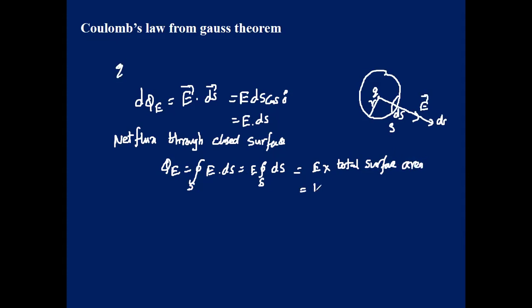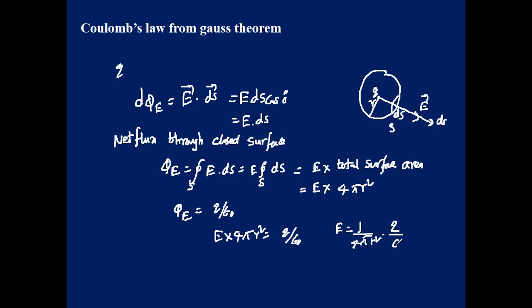So that is equal to E into the total surface area, 4 pi r square. So as you know, according to Gauss theorem, phi E is equal to Q by epsilon naught. So E into 4 pi r square is equal to Q by epsilon naught. Hence, E is equal to 1 by 4 pi r square into Q by epsilon naught.